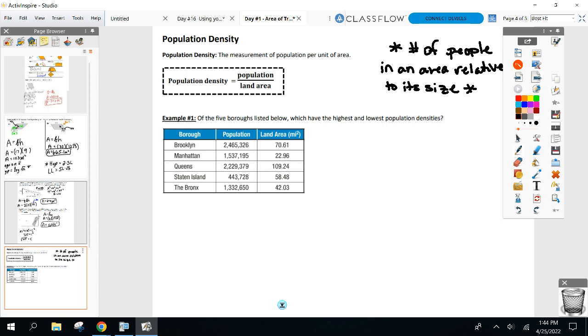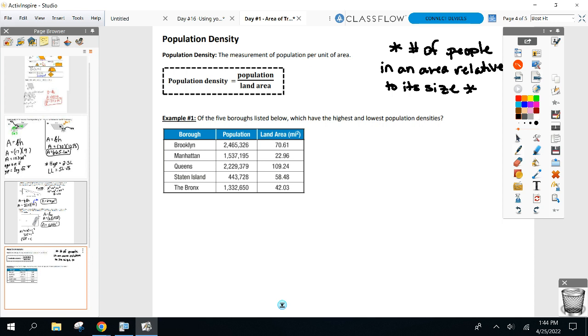Because what do you think is a big state? Texas? It's not number one for population density. I don't even think it's in the top 10. Okay, what's another big state? Alaska. I can tell you it's not even top 40 as far as population density goes. Why? Because it's a big area with very few people.